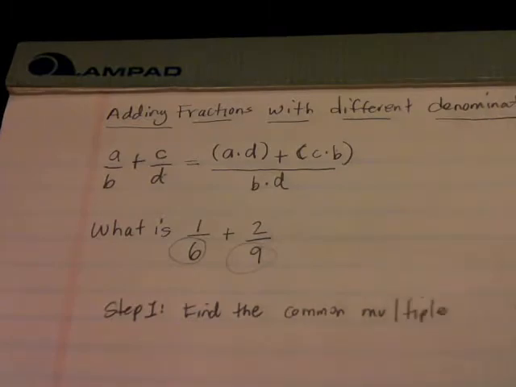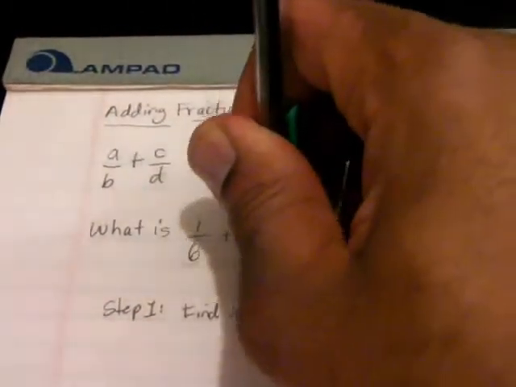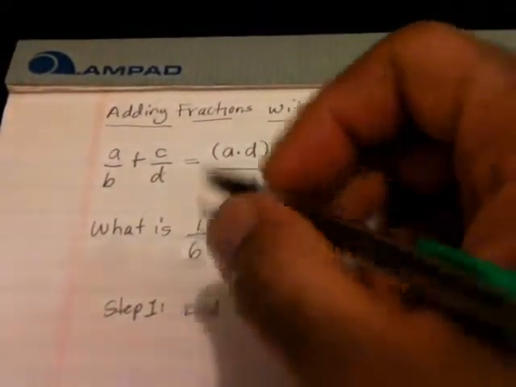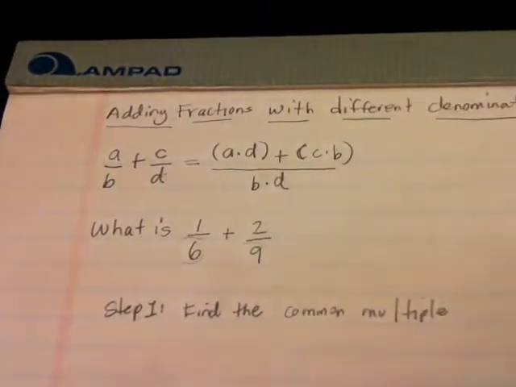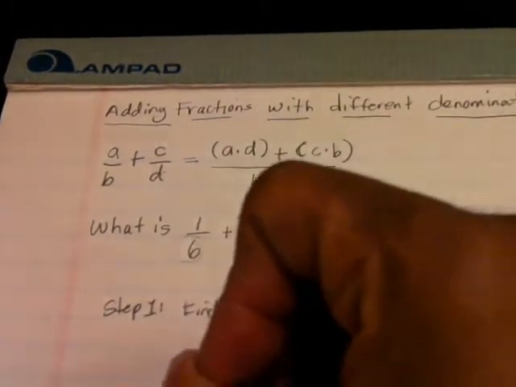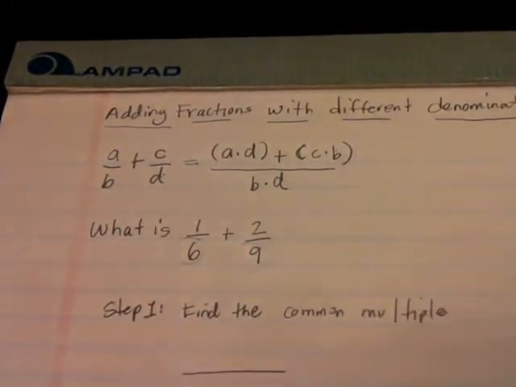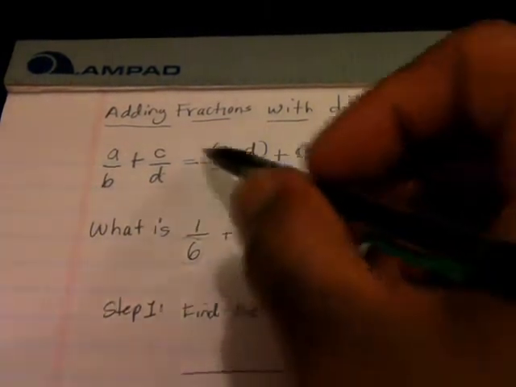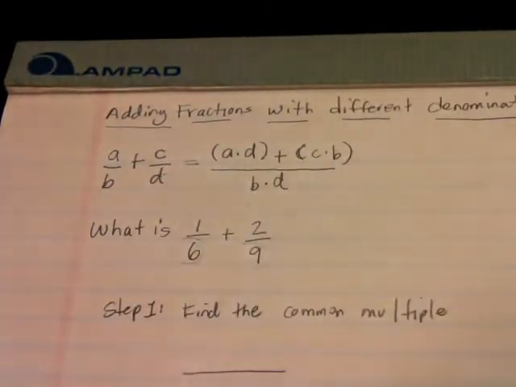All right. So I'm just going to show you. I'm going to use this as a scratch sheet of paper, as scratch work. Down here, I'm going to draw a line, and that's going to represent the difference between these two fractions using this formula.